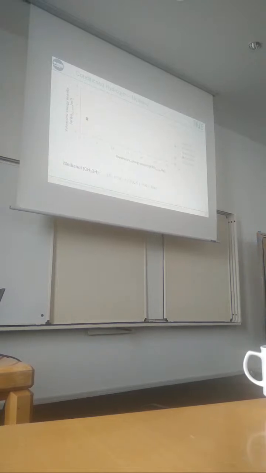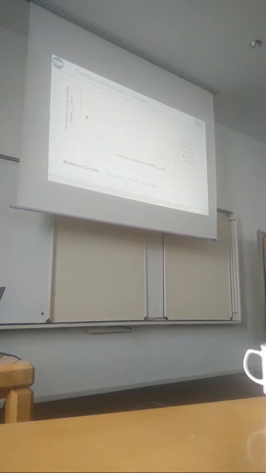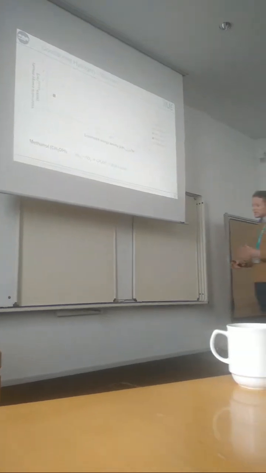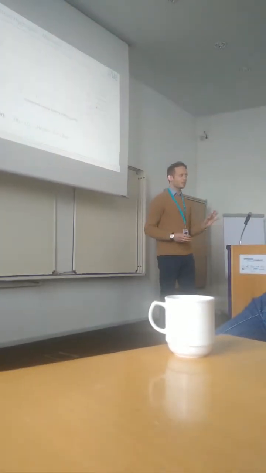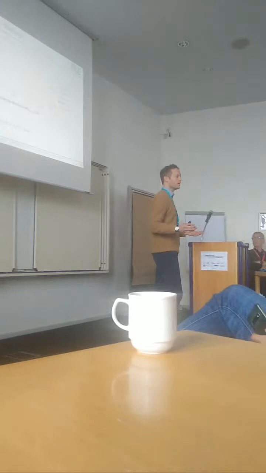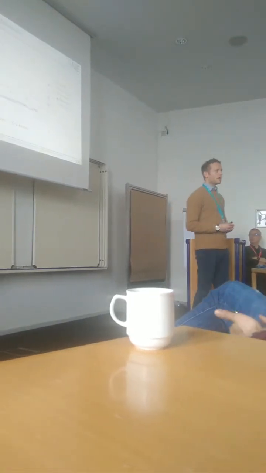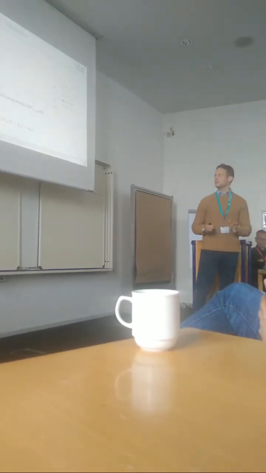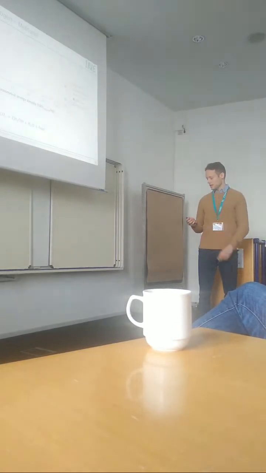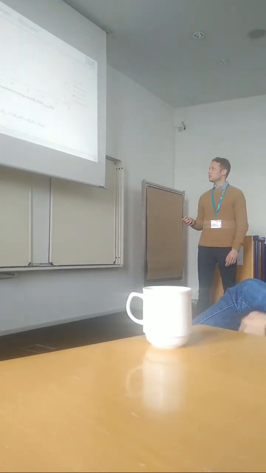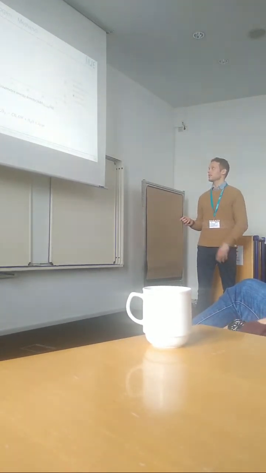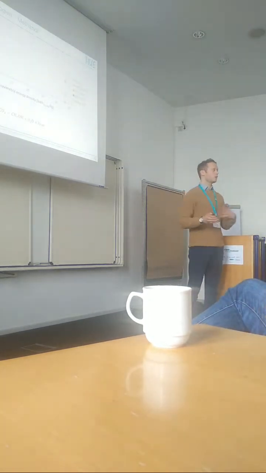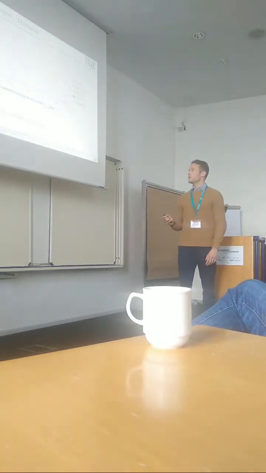The next one is methanol. Sometimes it's also classified as a liquid organic hydrogen carrier because it's also an organic compound. However, most concepts for methanol consider that the CO2 we need to produce the methanol, and which we get again when we crack the methanol, will be released into the atmosphere.